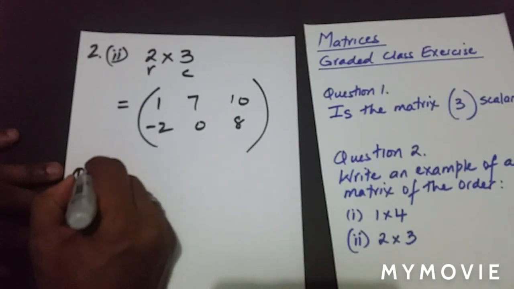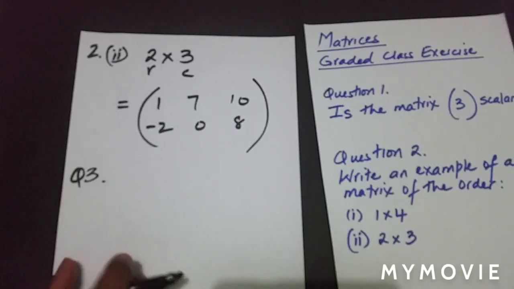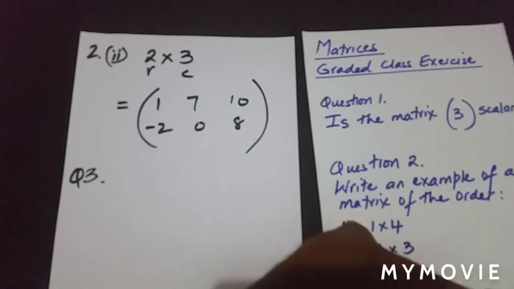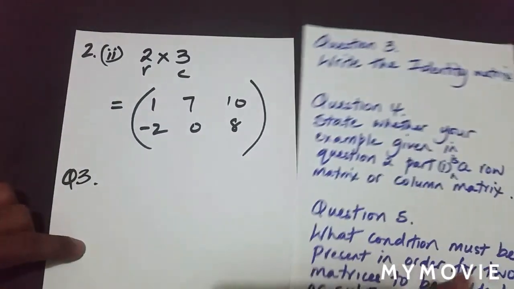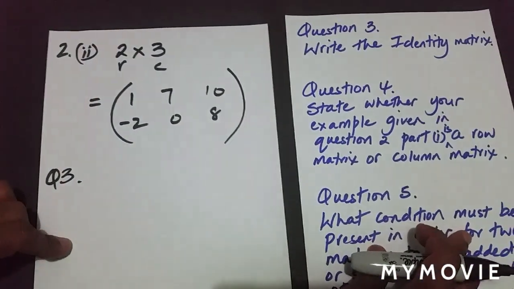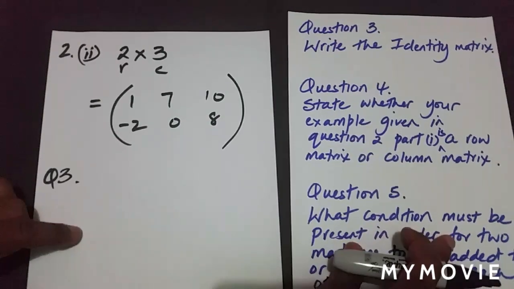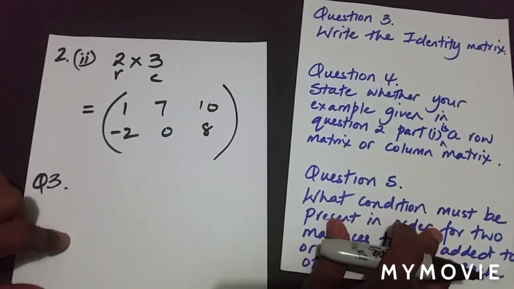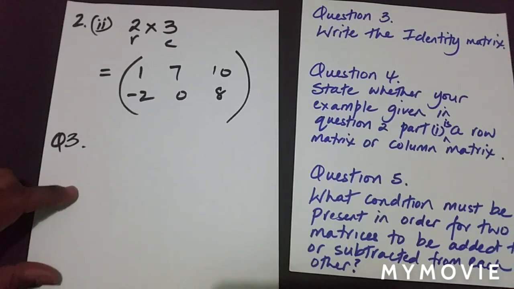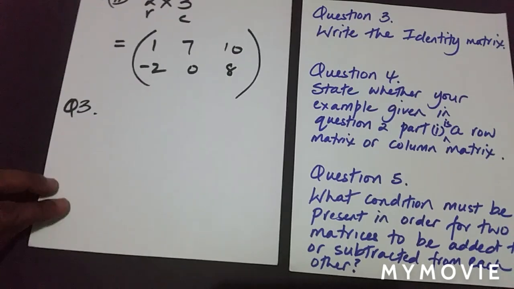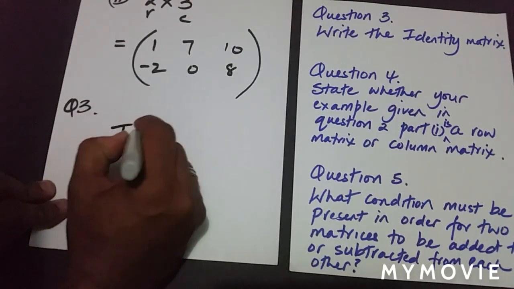Now for question 3, we're moving on to the next sheet. Question 3 says write the identity matrix. Now the identity matrix would simply be this.